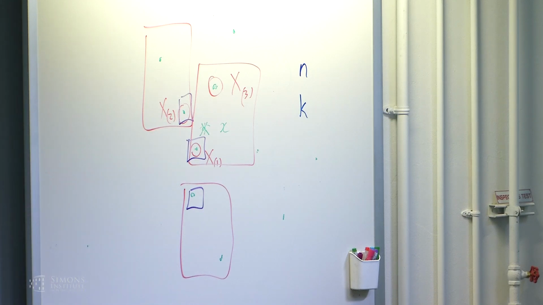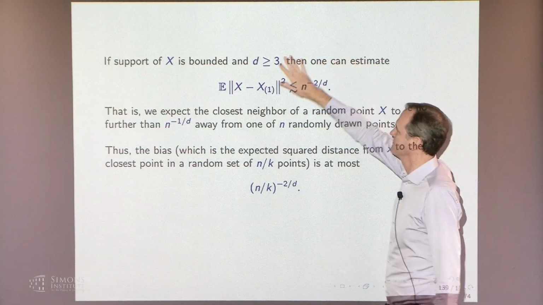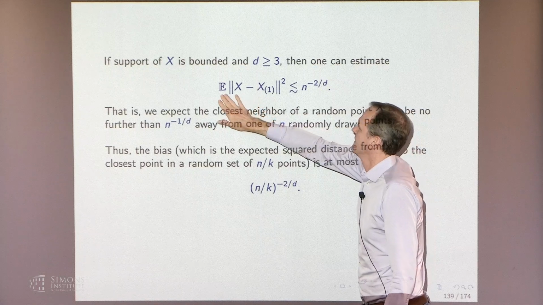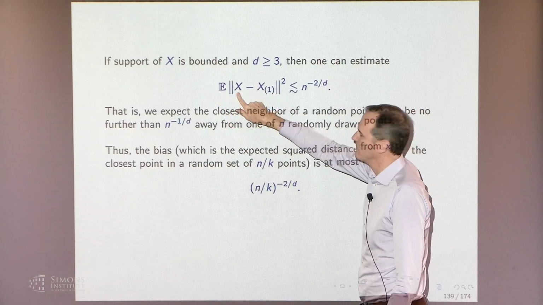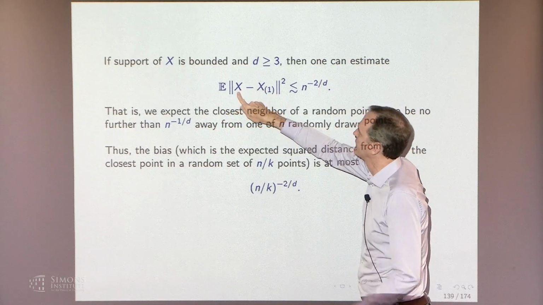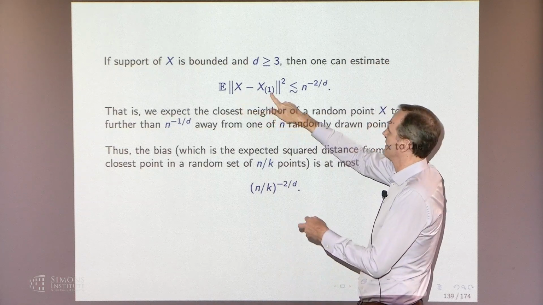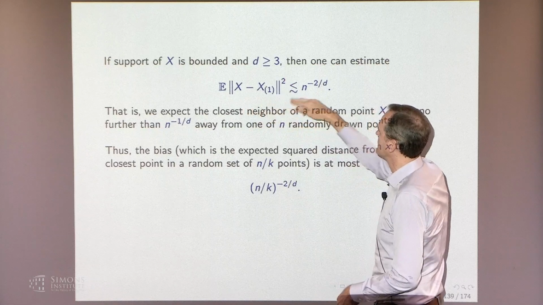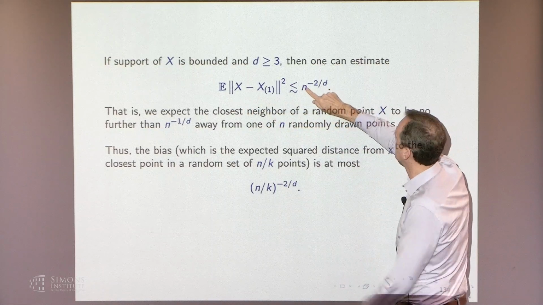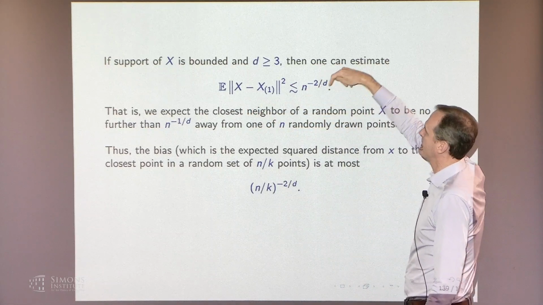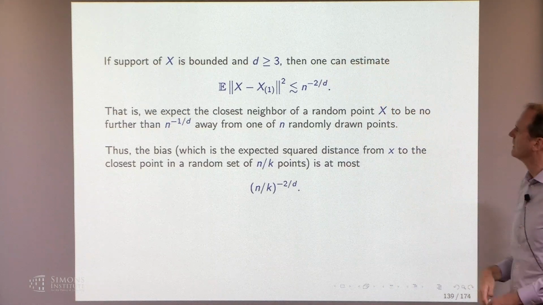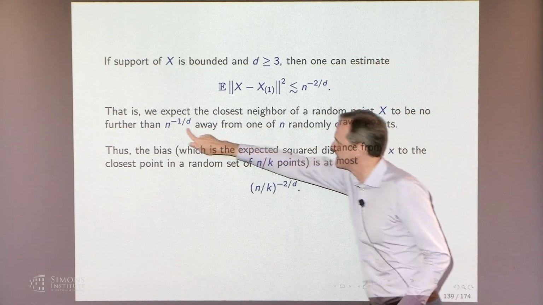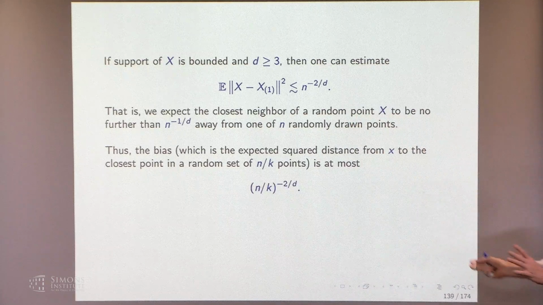If the support is bounded and we're in a high enough dimension, then we get the expected squared distance from a point from a particular distribution and the closest point from the same distribution. That expected squared distance goes down like the number of points we're considering. I wrote it as n here, to the power minus 2 over d. Right, so squared distance, so distance is like n to the minus 1 over d.